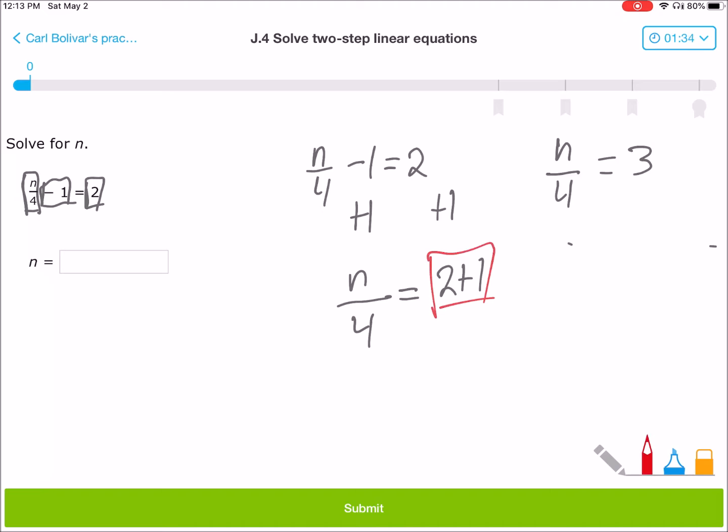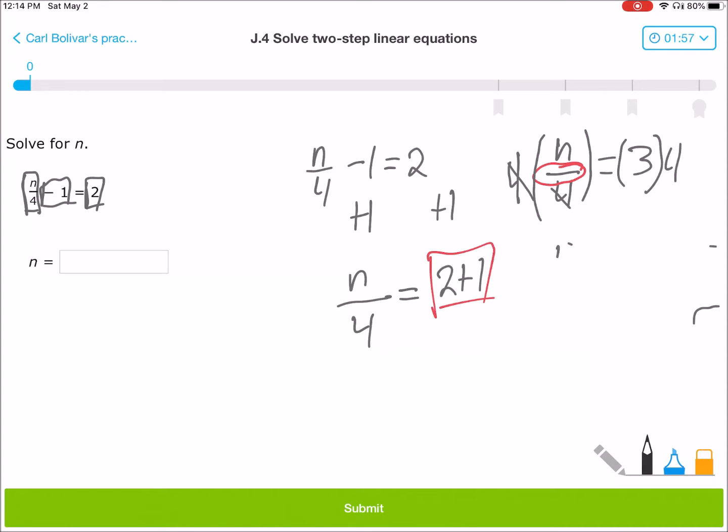Now we have this division line here, and we know that the opposite of division is multiplication. So let's multiply by 4. We have to multiply by the denominator, and we have to do it on both sides.